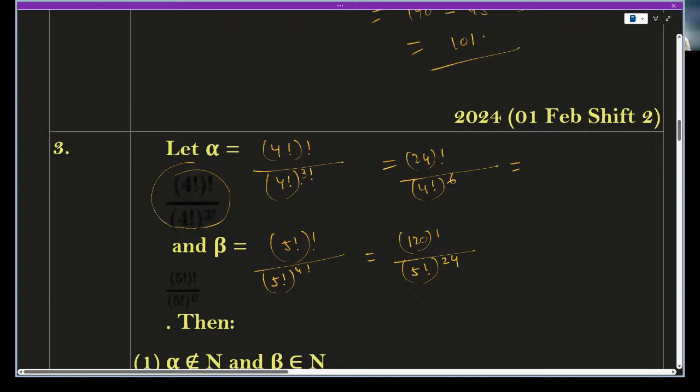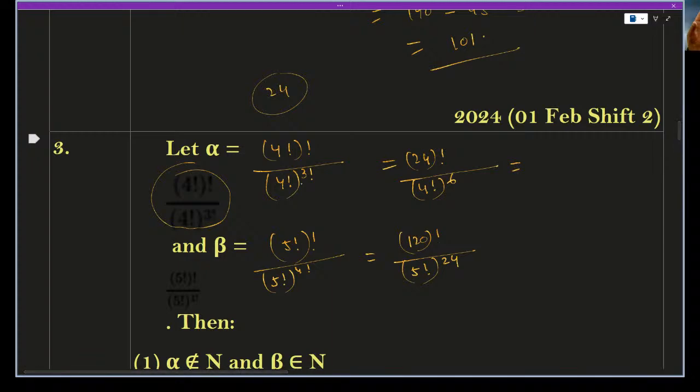Now you can see that 24 objects are being divided into 6 groups. So one group contains how many objects? 4 objects. Agree or not? So 24 objects are divided into 6 groups, each obtains 4, and they are indistinguishable.